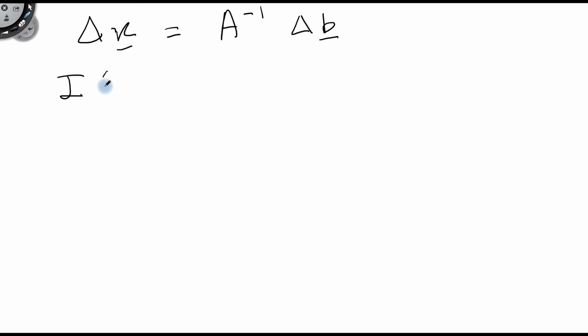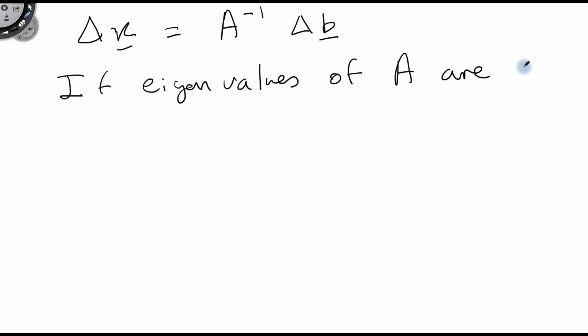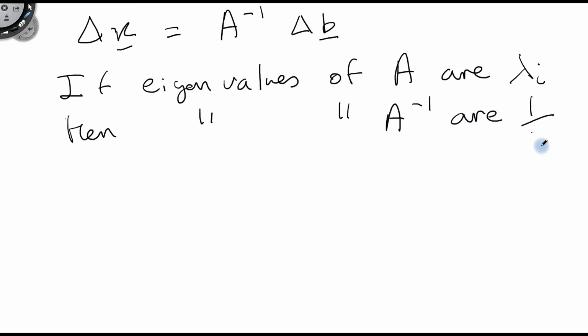So if the eigenvalues of A are lambda i for all values of i, then the eigenvalues of the inverse are simply 1 over lambda i. We used this already with the power method in the last result, so we're just using that as a given.